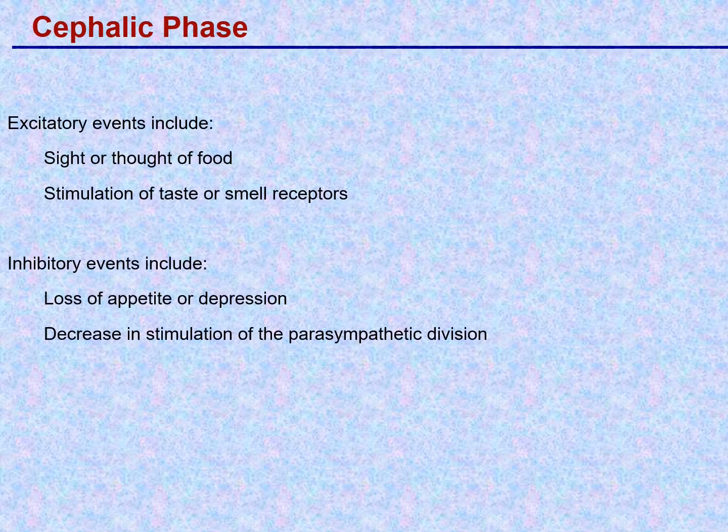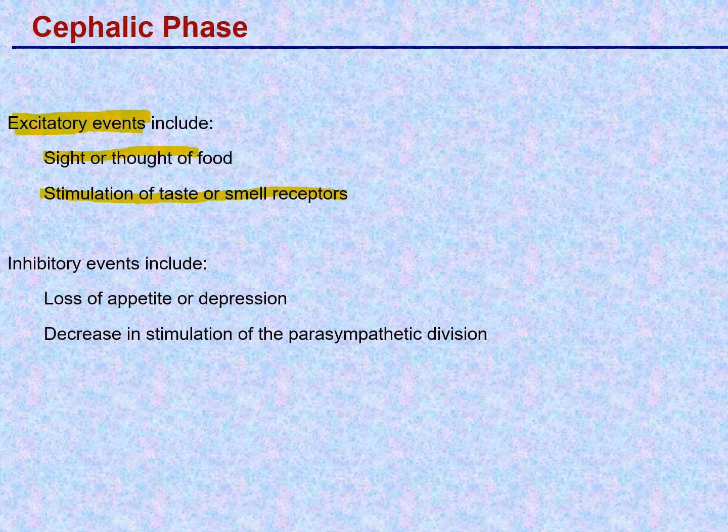The cephalic phase, when you have an empty stomach, starts with an excitatory event, the sight or thought of food or stimulation because of taste or smell, sensory receptors being activated. Those are the kinds of things that can excite the cephalic phase.